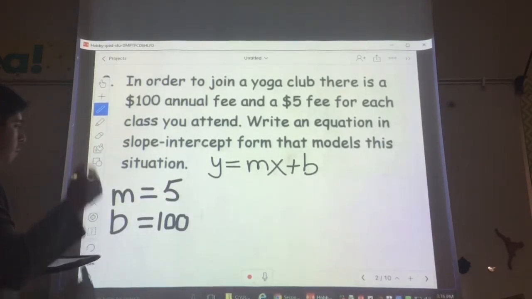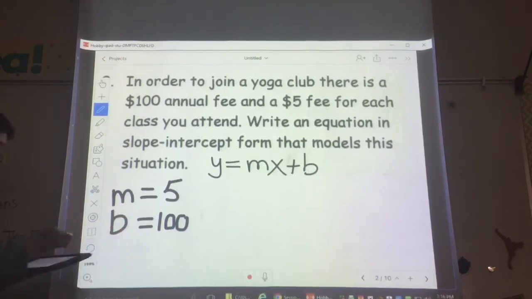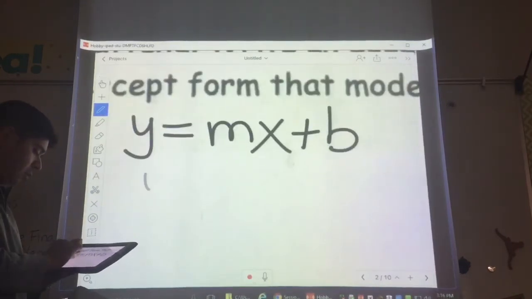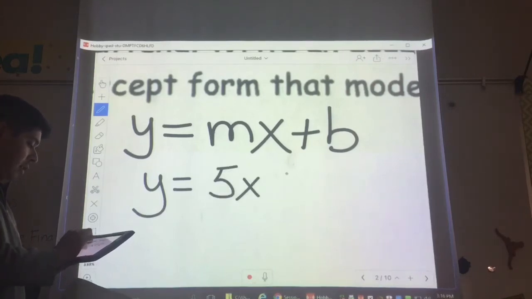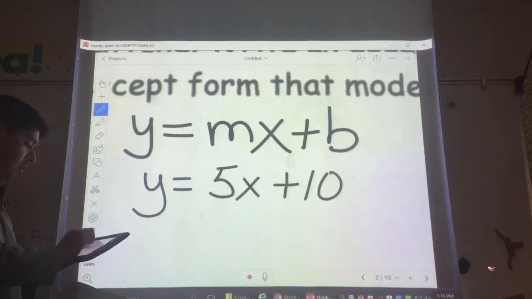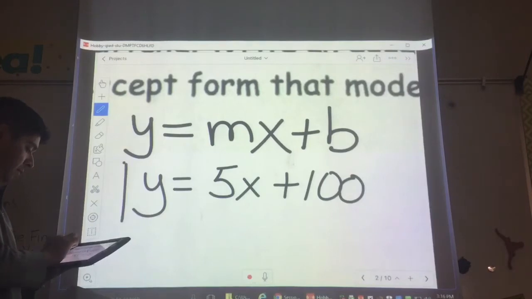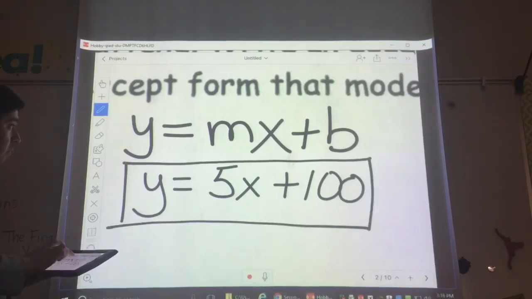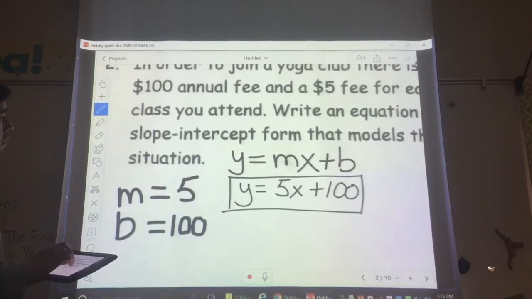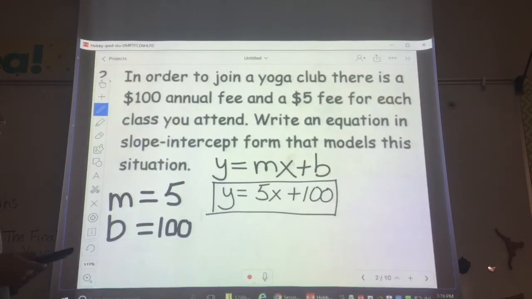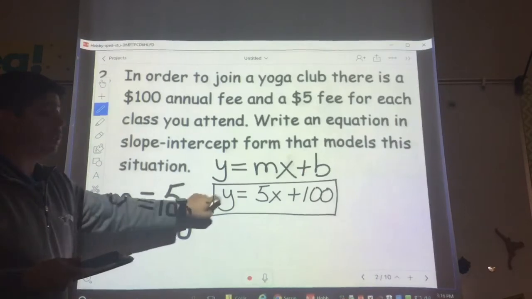I'm going to plug in for slope, and I'm going to plug in for the y-intercept. So y equals 5x plus 100. There we go. So number 2 is writing the equation.